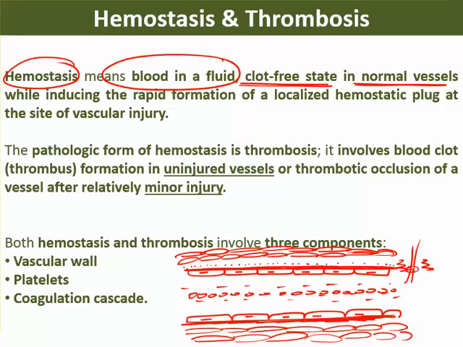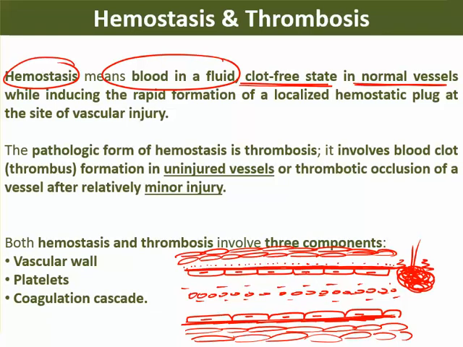After that, immediately the blood will go for clotting. If the blood vessel is normal, the blood will be in a fluid state. If the blood vessel is damaged or injured, then the blood will go for clotting and become solid.